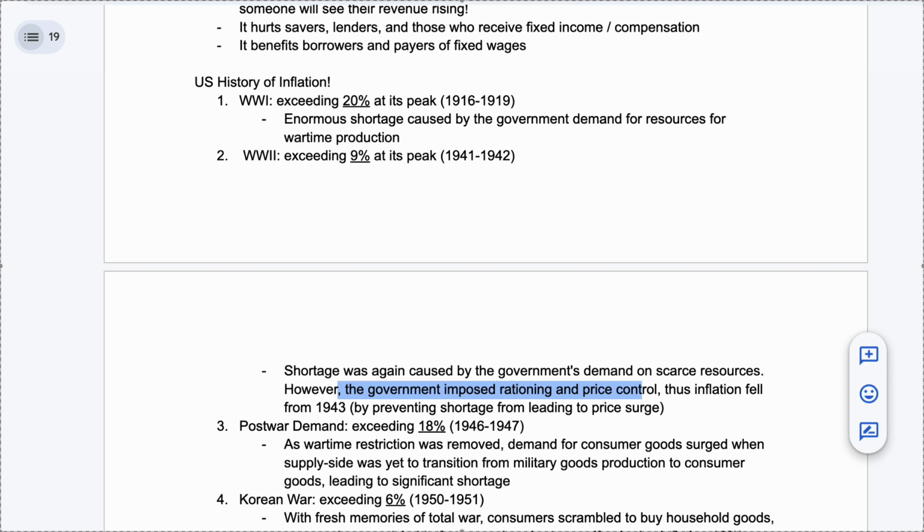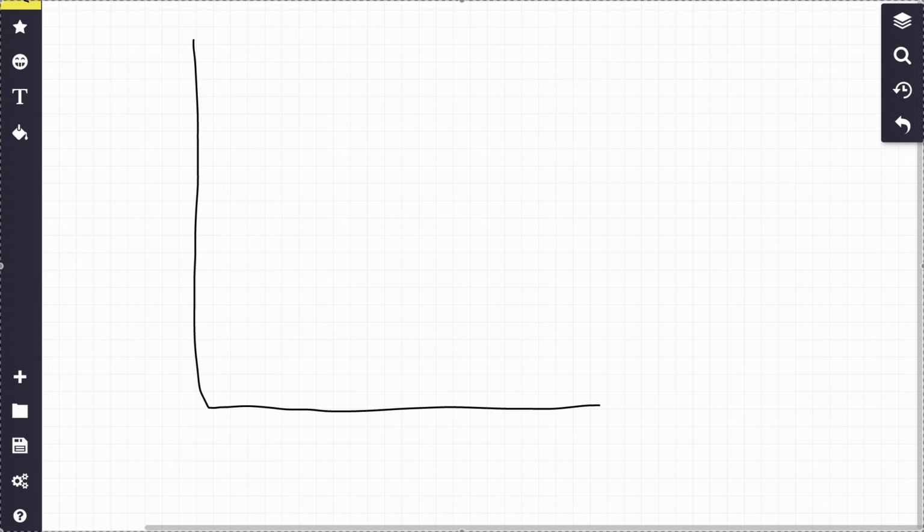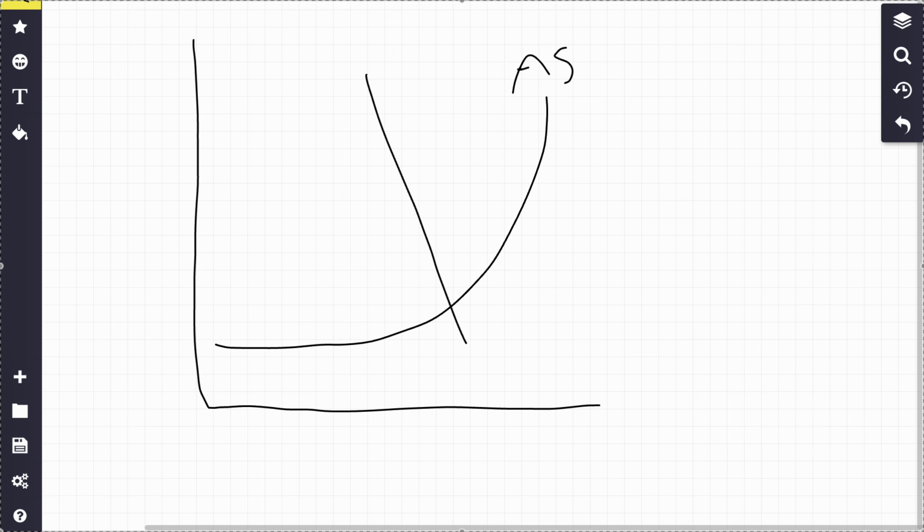So let me actually draw this, okay? Those two examples show how a wartime economy can often lead to inflation because the government uses scarce resources available in the economy. So we have aggregate supply and we have aggregate demand.